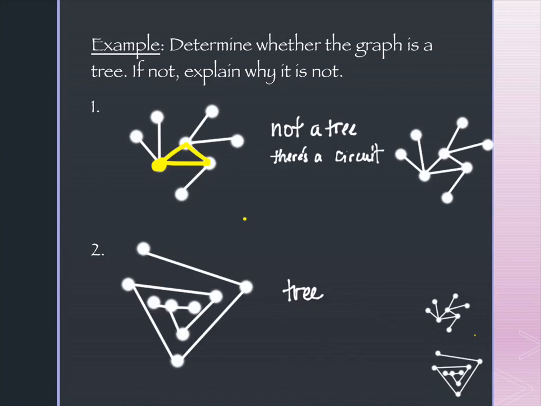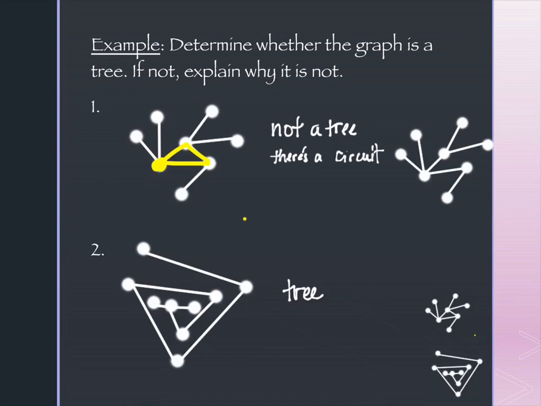For example, if I remove this edge right here, I now have a tree, correct? It's not unique. I could have removed this edge and created a tree, or I could have removed this edge and created a tree. Any of them would be okay. And the graph that comes about by removing that one edge, in this example, would be called a spanning tree.